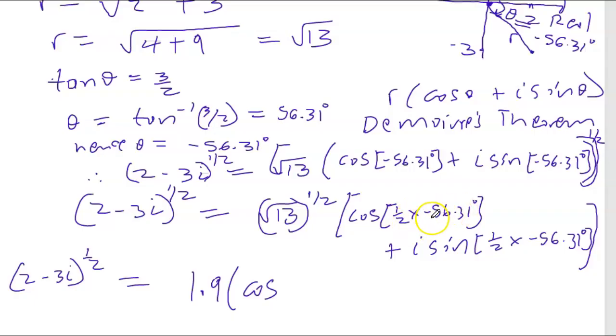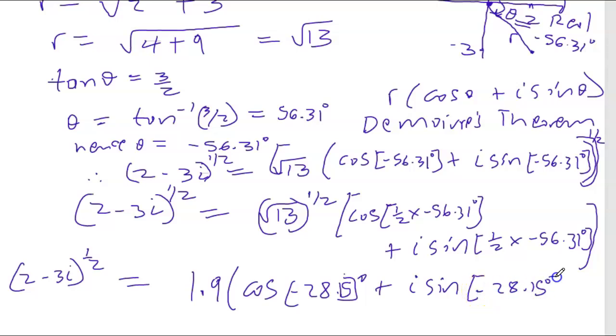So half of 56.31, that's minus 28.15 if I'm using 2 decimal places, plus i sin minus 28.15 degrees.